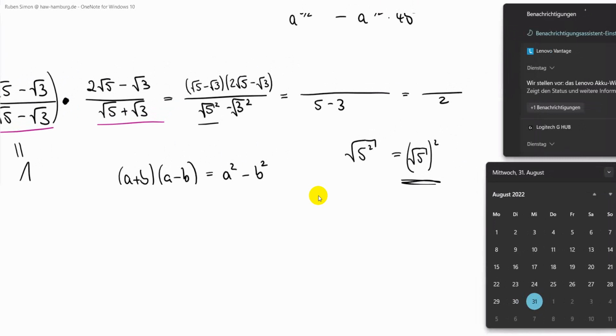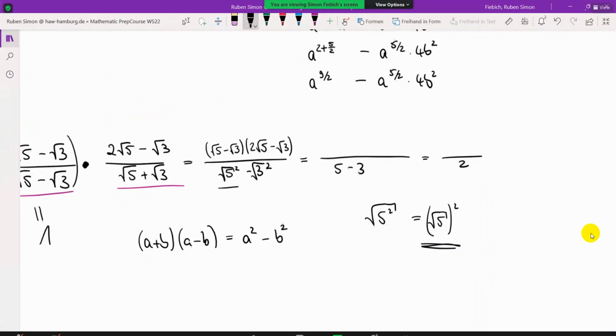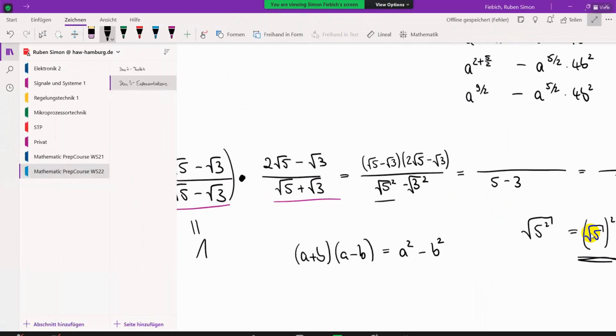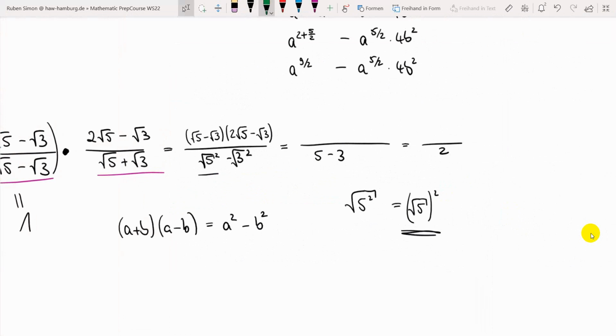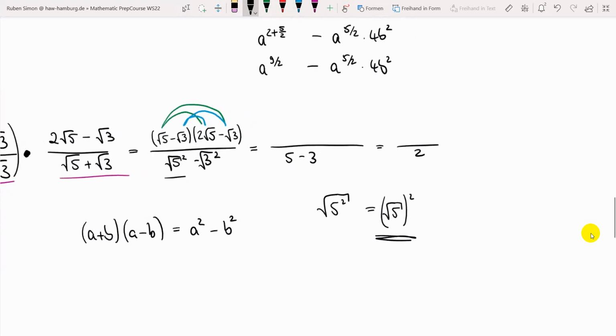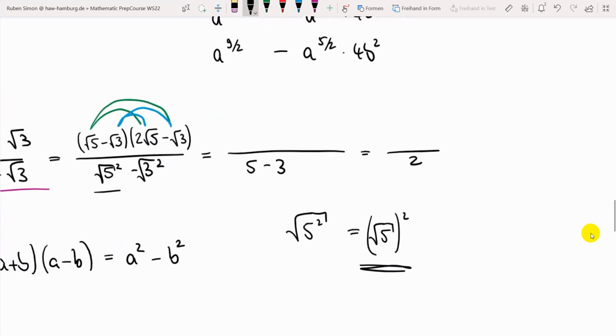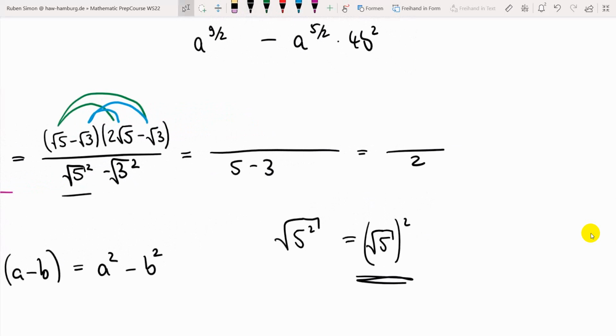Where are my colors? Now, there they are. So we can do the multiplication like this, plus this, plus this, plus this. I hope everybody is familiar with that. So what would that lead us to in the numerator?